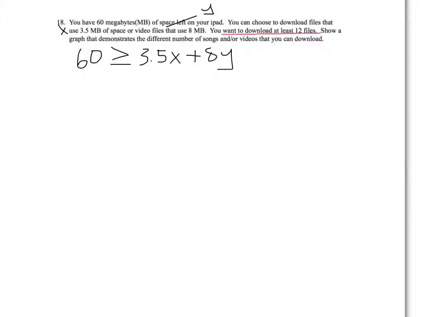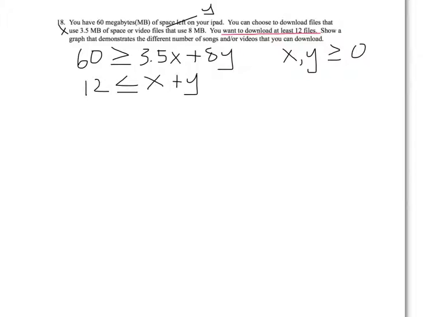The other one, we want to download at least 12 files. So we want x plus y to be at least equal to 12. So there are two equations, and the other two we don't mention but are assumed is that both x and y must be greater than or equal to 0. It doesn't make any sense if you get negative numbers here.